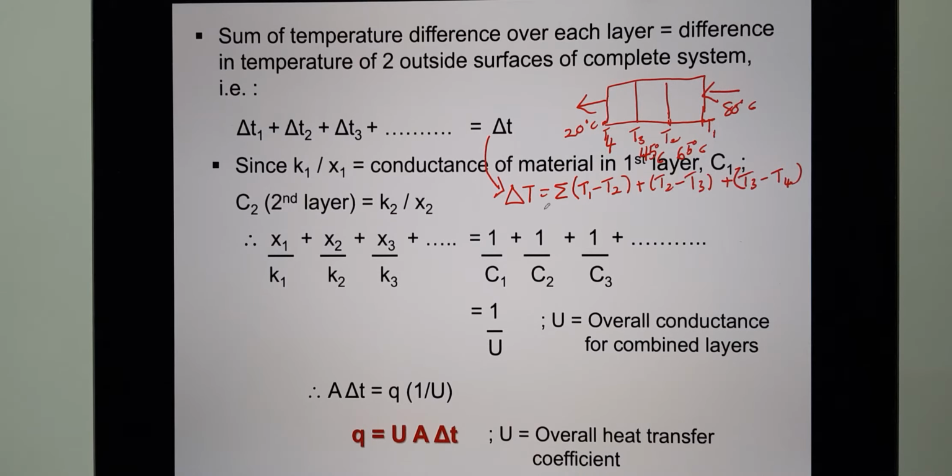Okay, so plug in the values: T1 minus T2, 80 minus 65, plus T2 minus T3, 65 minus 45, plus T3 minus T4, 45 minus 20. Alright, so calculate the answer.